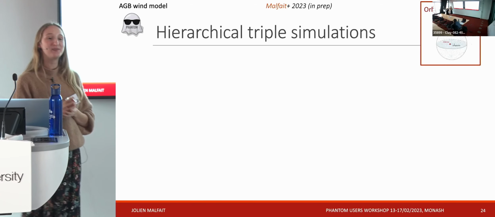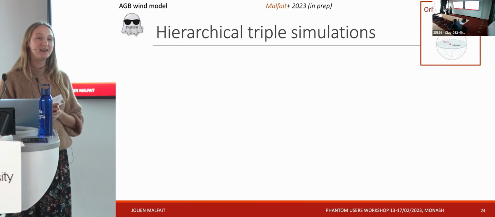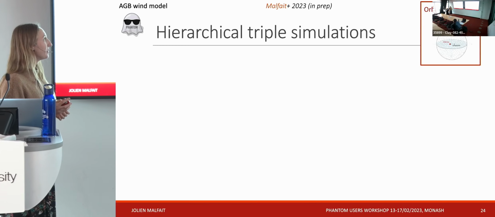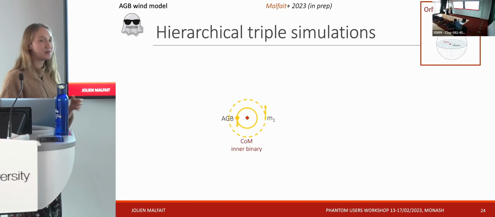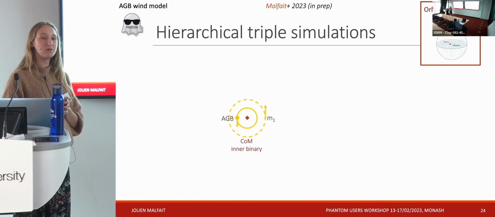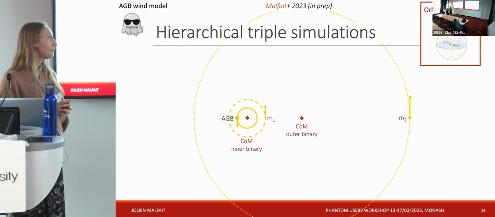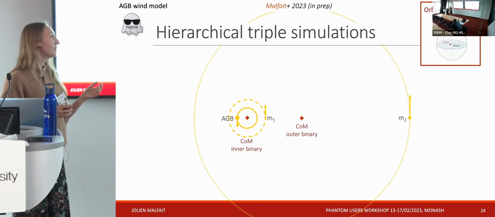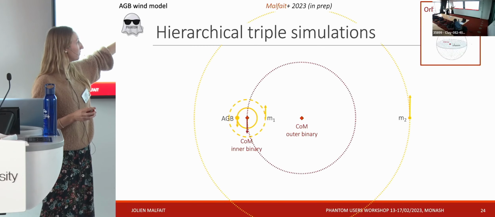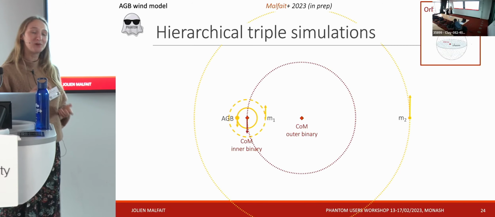So then next to binary systems, we're also trying to understand what is happening in hierarchical triple systems. So we made some models there. So in our simulations, we have an AGB star with a close companion, and then there is an additional companion far away. And because of this additional companion, this inner binary will also orbit around this common center of mass, and it will again complicate everything.